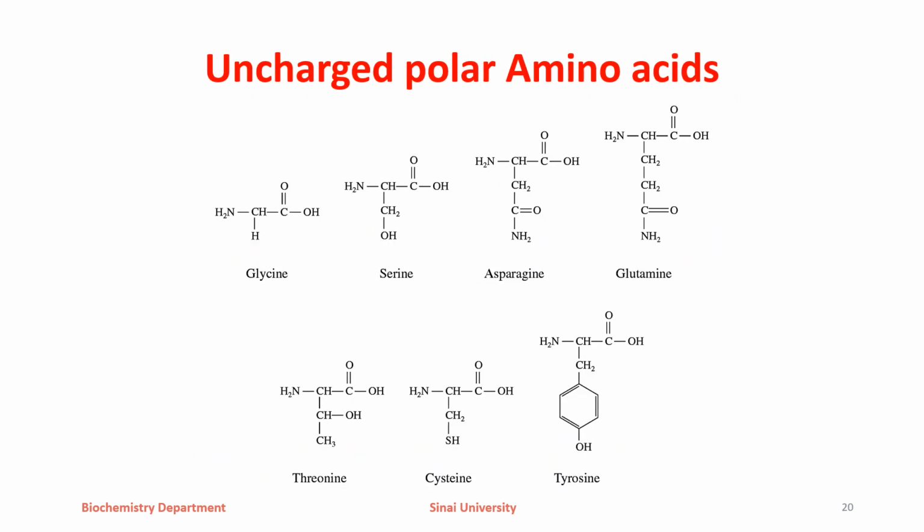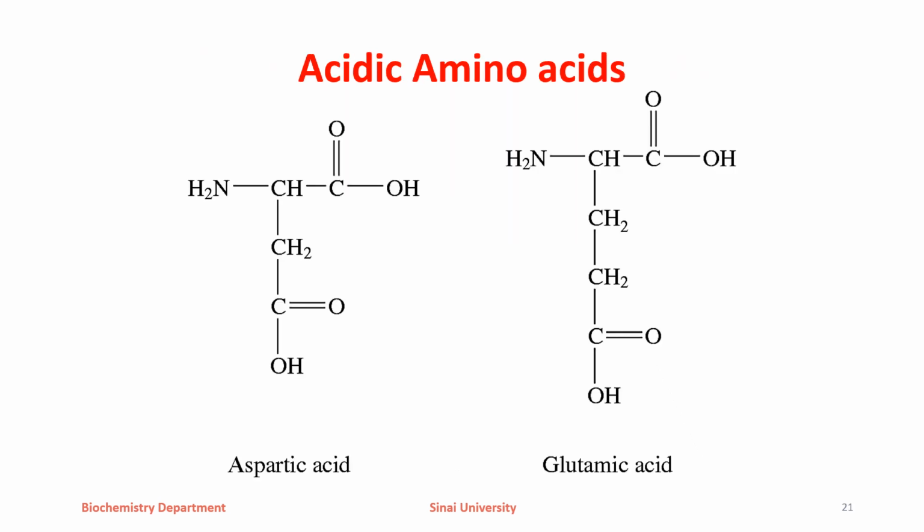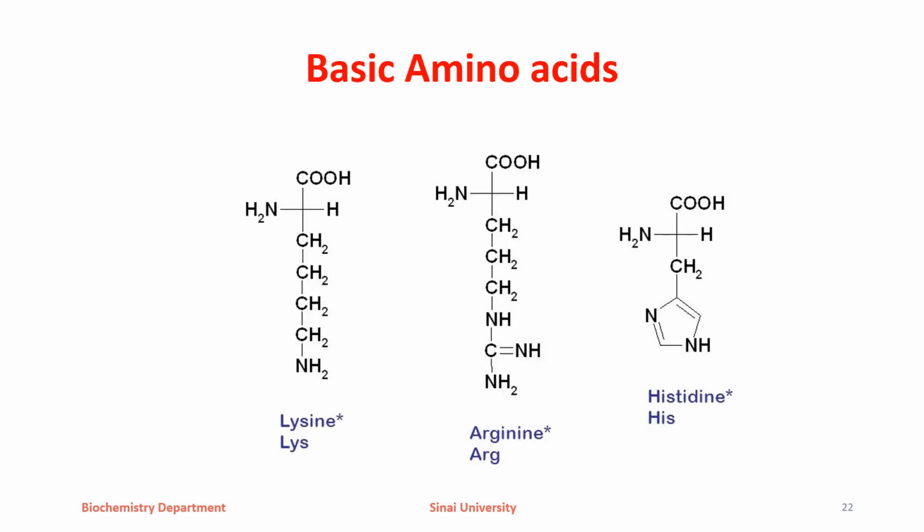Examples of uncharged polar amino acids: glycine, serine, asparagine, glutamine, threonine, cysteine, tyrosine. In here, acidic amino acids like aspartic acid, glutamic acid. And finally, examples of basic amino acids: lysine, arginine, histidine.